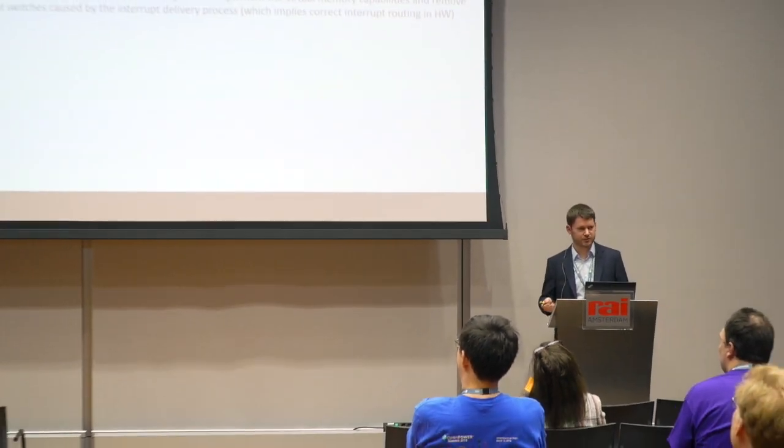So we introduced an entirely new external interrupt architecture, which is called the External Interrupt Virtualization Engine Architecture, XIVE. And the main characteristics are really addressing the issues that I just presented.